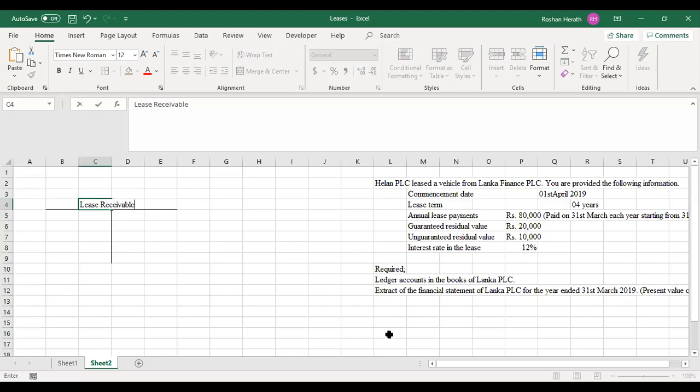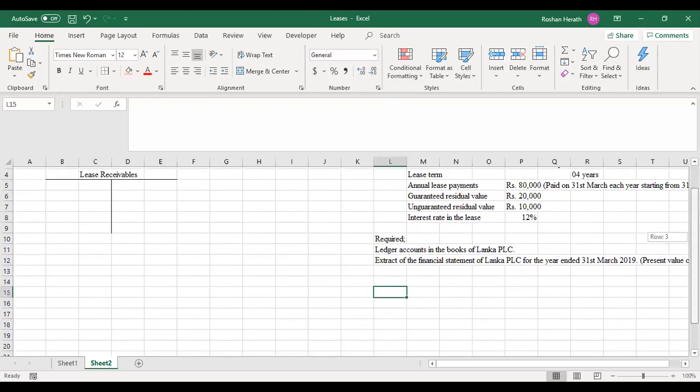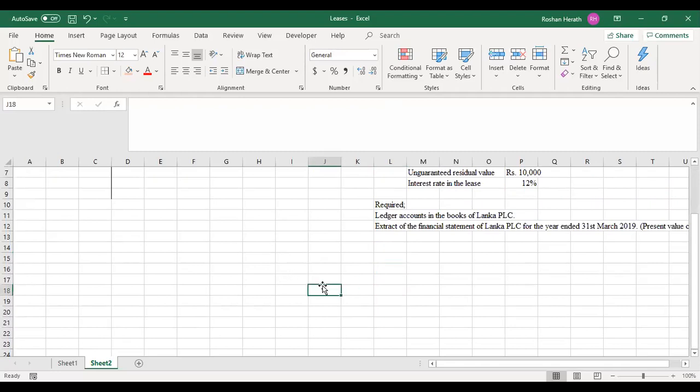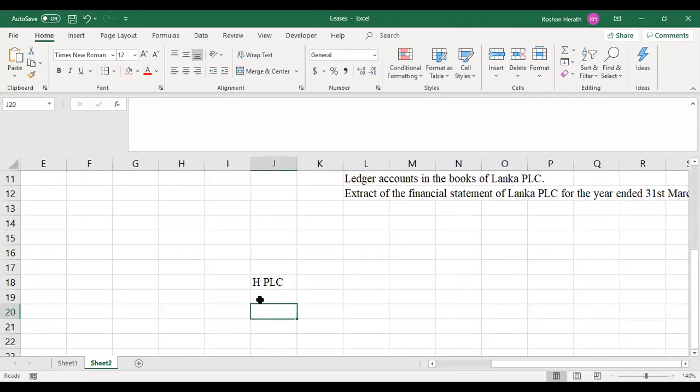So if you lease a particular asset from a finance company, or a bank or something, this would be the procedure. Here we have Helen PLC. Let me take HPLC. HPLC is the lessee or the customer.